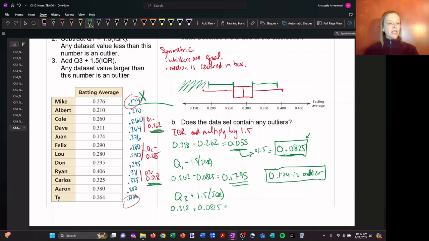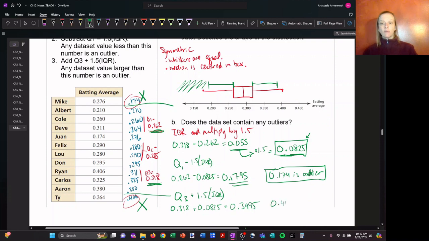And when we add that together, we get 0.3995. So that's our kind of cutoff value. If we look on this list and we see any values that are more extreme than 0.3995, then we exclude them from the data set. And in this example, we find that 0.406 is an outlier.